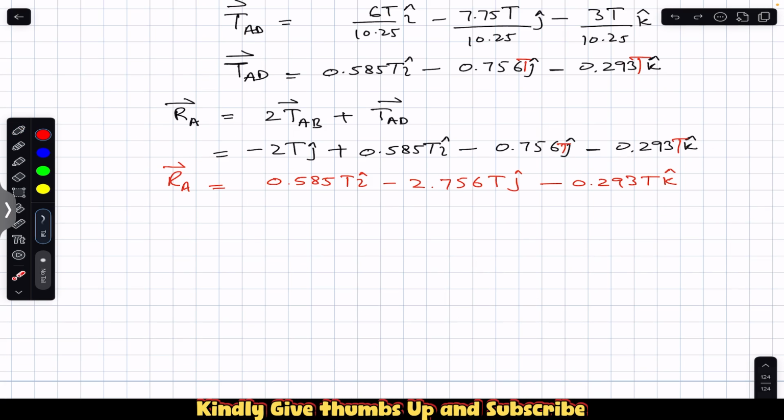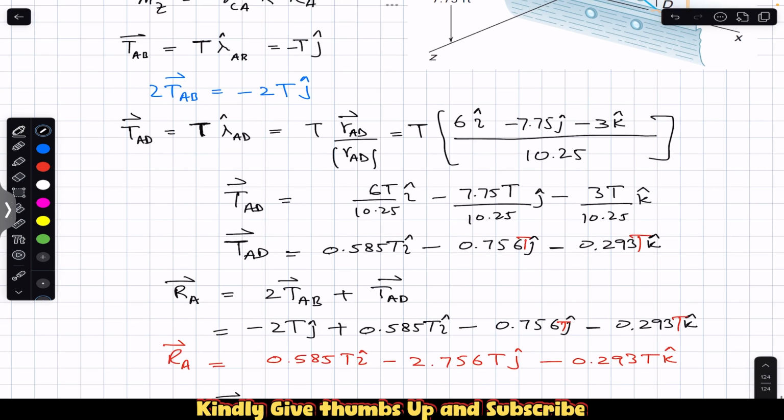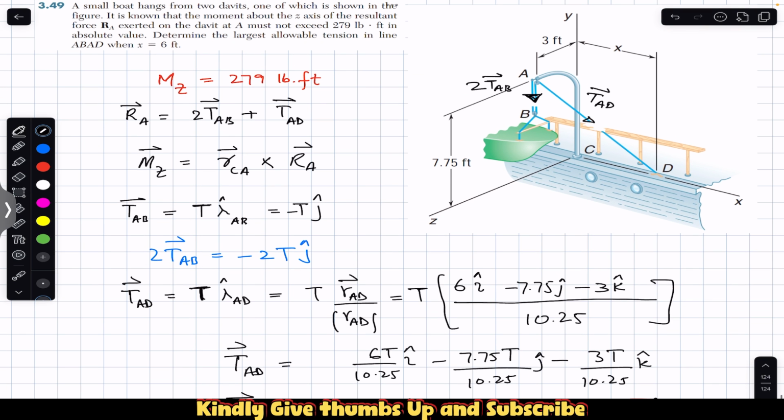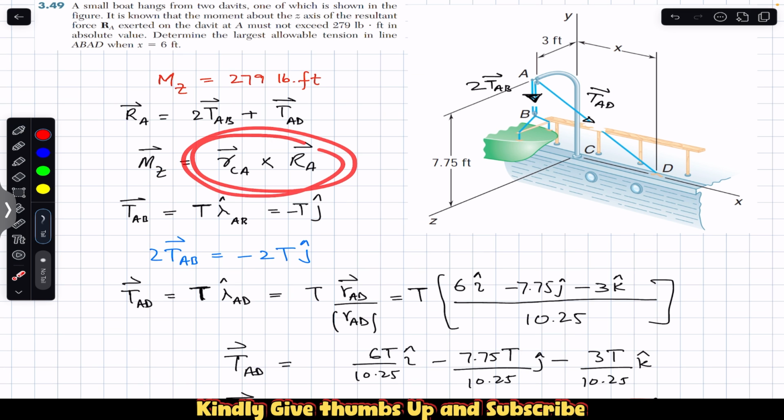So once we find this R_A, we know that the overall moment of this resultant will be the position vector from C to A, cross product with the resultant at A. Sorry, here I have written this moment about Z. This is not the moment about Z. This cross product will give us the moment about that point C, which will have moments about the x, y, and z axes respectively.